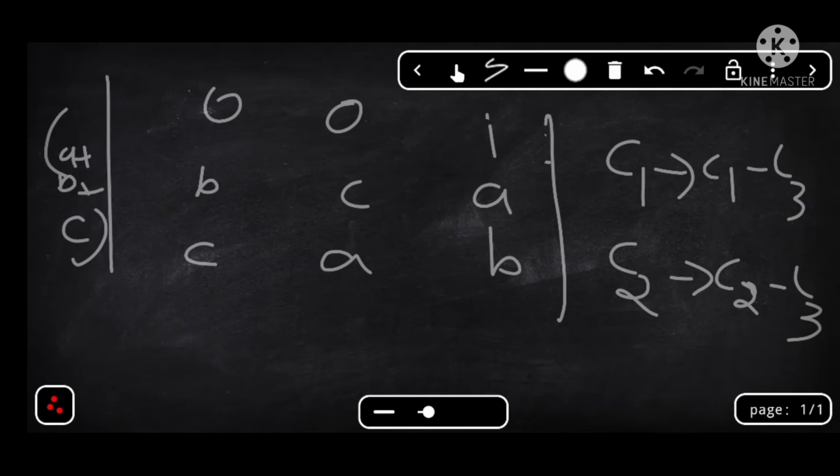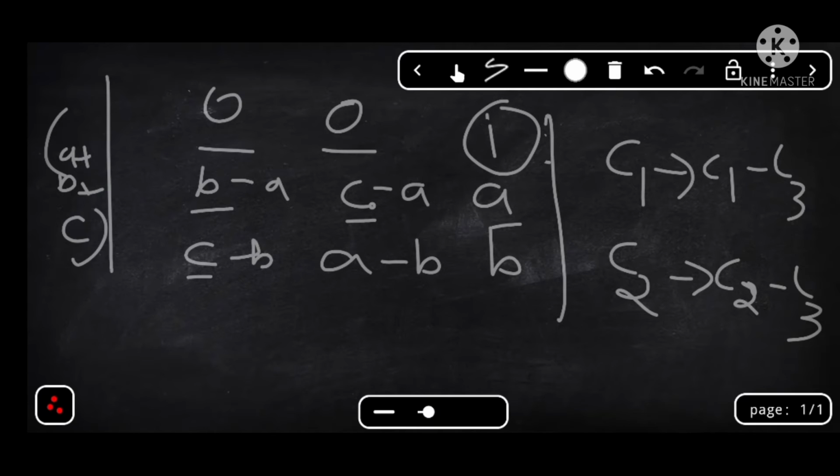Then C1 minus C3, so B minus A, and C2 minus C3, so C minus A. Again C minus B, A minus B. Now we are almost there. So these two terms are 0. Just take the determinant corresponding to 1. So what are we going to obtain?